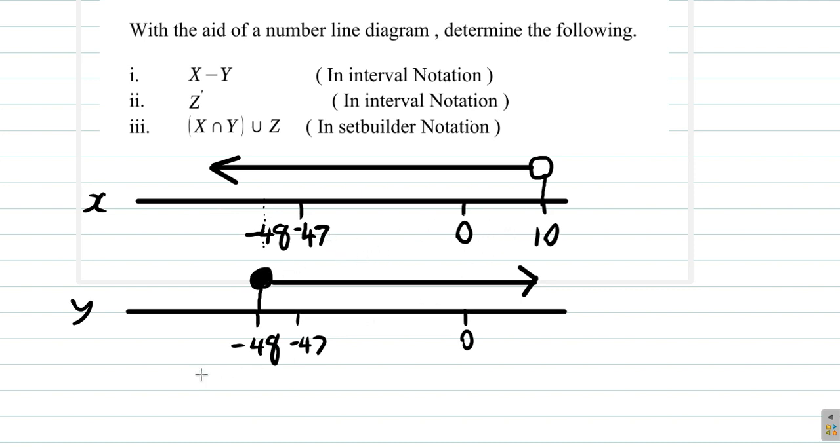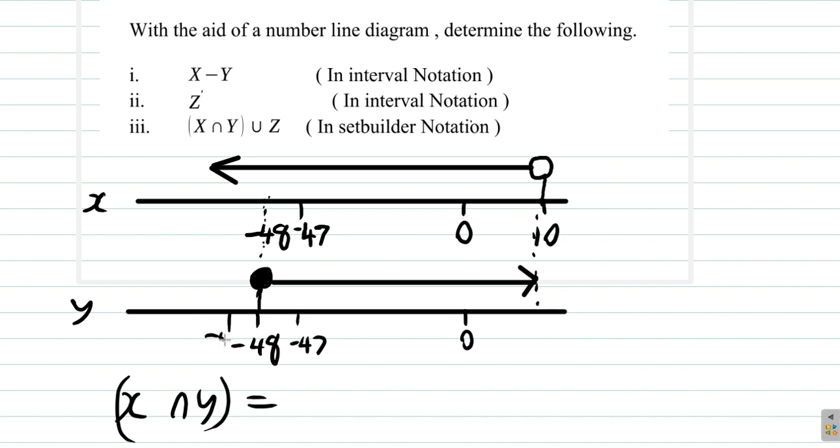So, x intersect y means you're looking at an overlap here. So x intersect y would be all the items that are included in both. Negative 49 is not included in the intersection because negative 49 is in x but not in y.